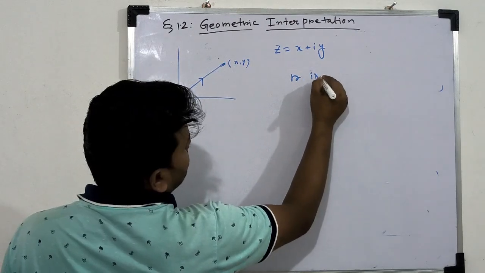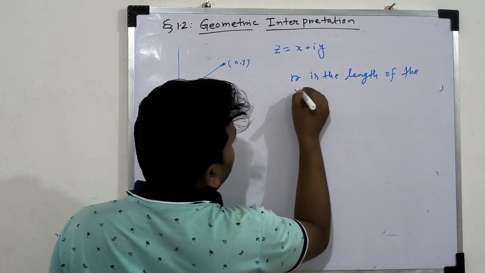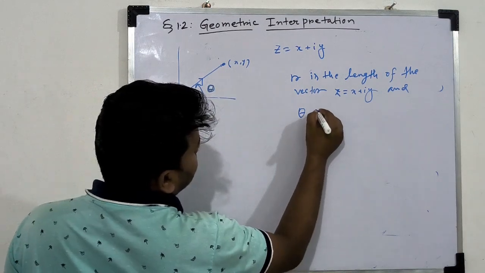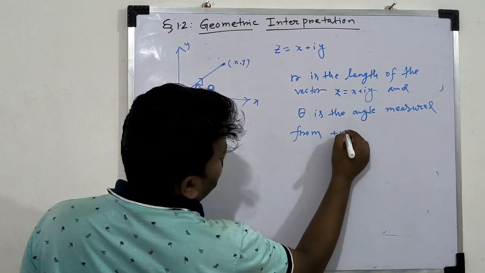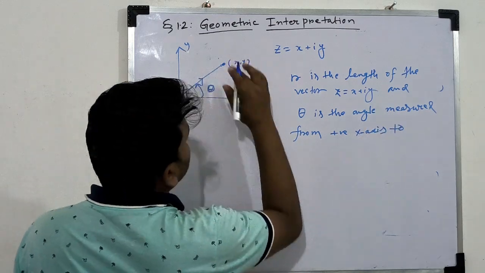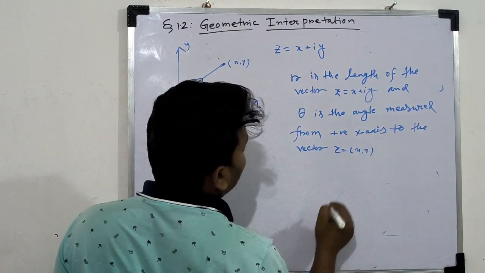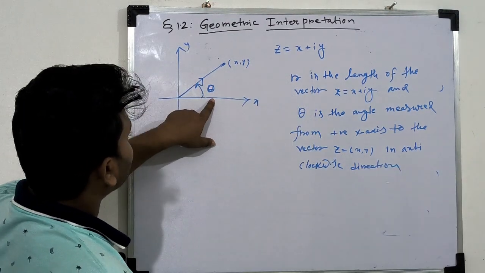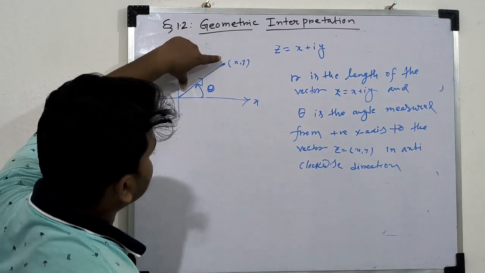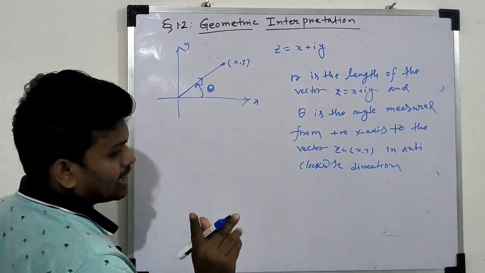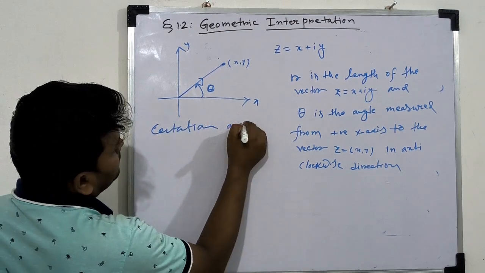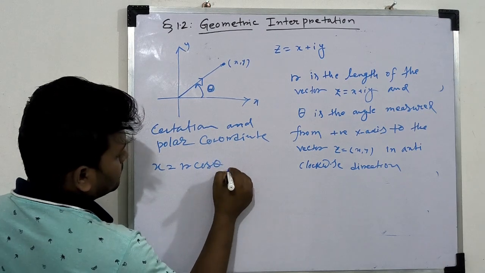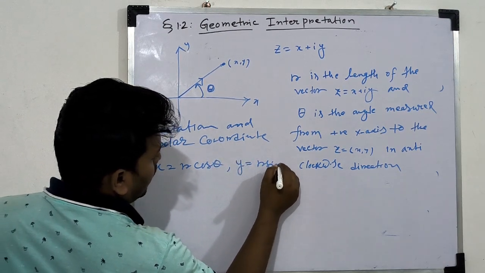If r is the length of the vector z, and theta is the angle measured from the positive x-axis to this vector z in the anti-clockwise direction, then the relation between Cartesian and polar coordinates is x equal to r cos theta and y equal to r sin theta.